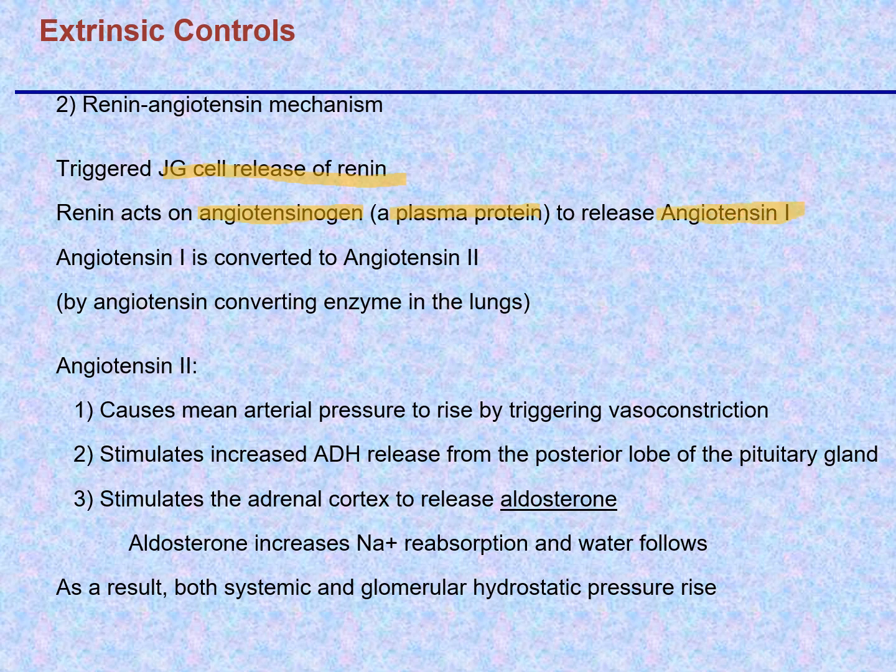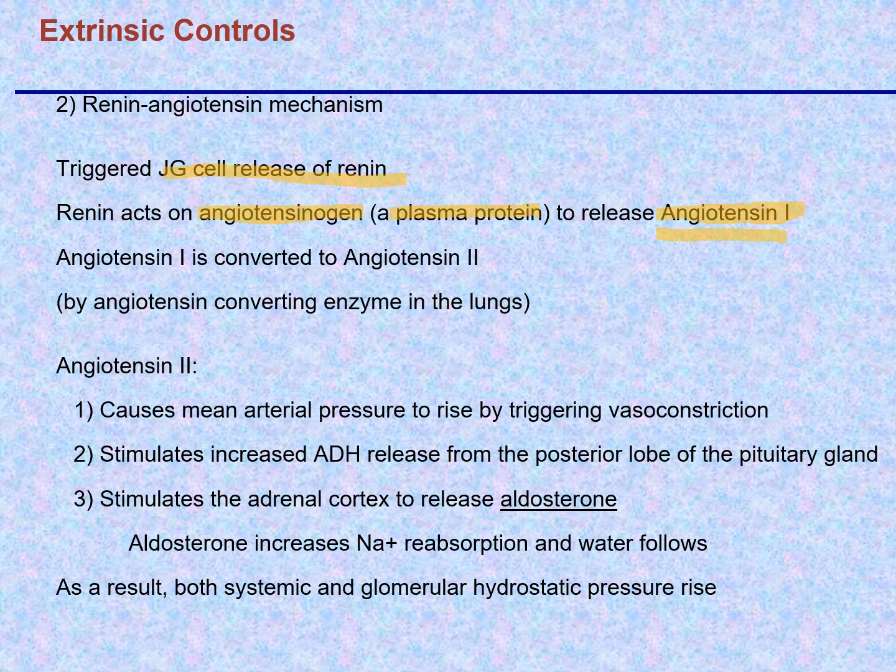What's really happening is that the renin acts as an enzyme and cleaves, or cuts, meaning the same thing. It cuts part of the molecule off, releasing this part of it, which has activity.